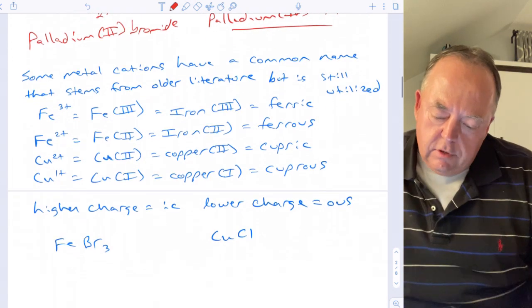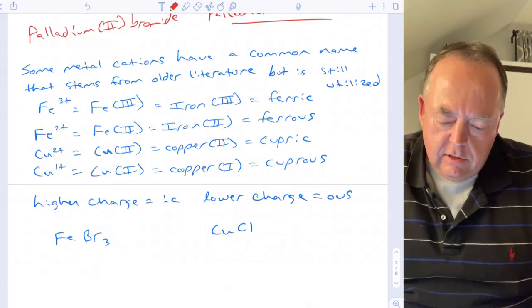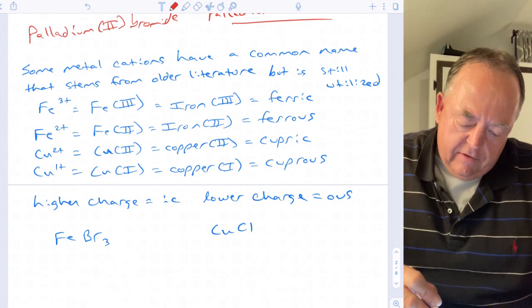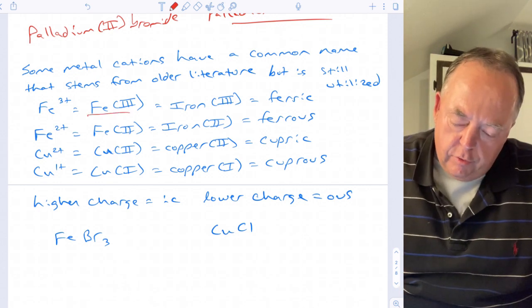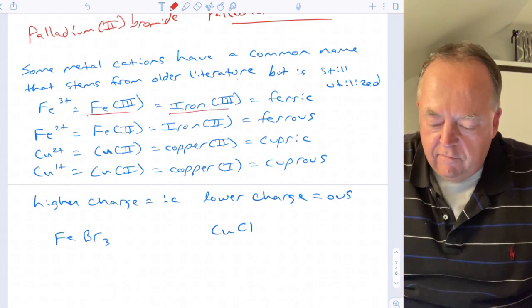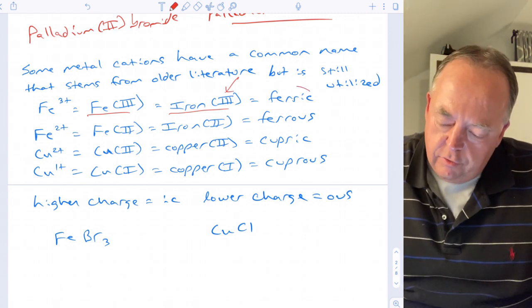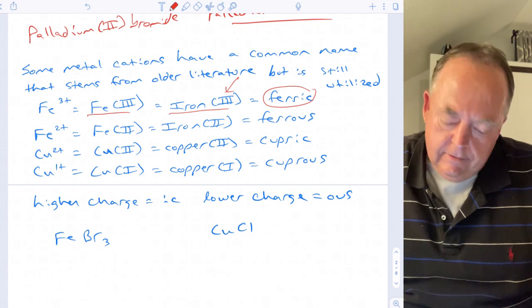Okay, so some metal cations have common names that are associated with them from the older literature. So Fe3+, right? Iron(III). If you're using the conventional way, then you would use iron Roman numeral 3, but iron(III) is oftentimes called ferric.